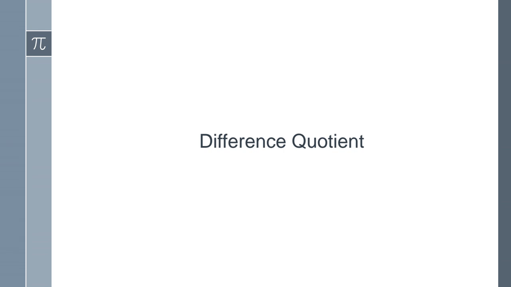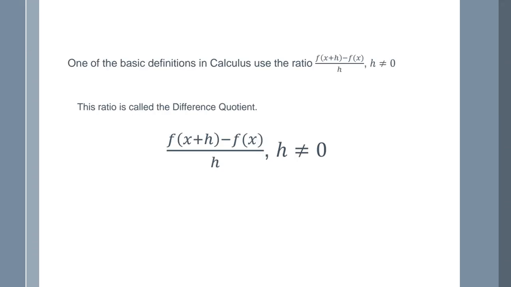But for us, we're using it to practice our algebra and practice evaluating functions. The difference quotient is a definition of a formula. As I mentioned, it's one of our basic definitions that, if you get to calculus, is a way to find ratios, and in calculus, it's used a lot. But for our purposes, we're going to use it to practice our algebra.